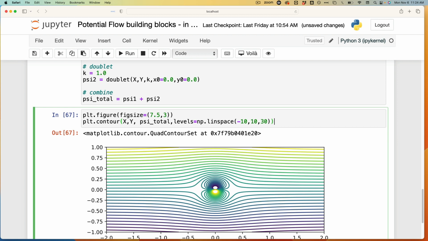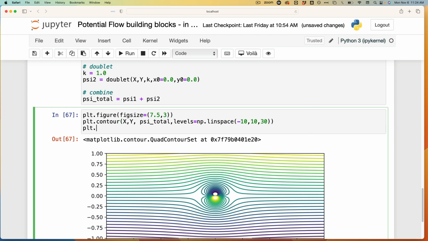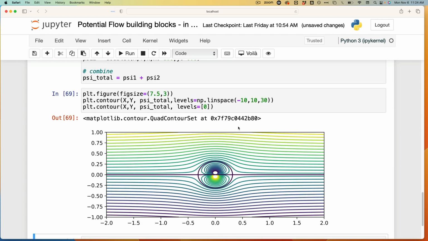Okay, so let's test that hypothesis. You can also plot a single contour: x, y, c total, and levels equal 0. Okay, that's the contour line of c equals 0.